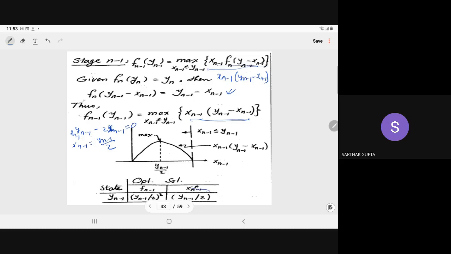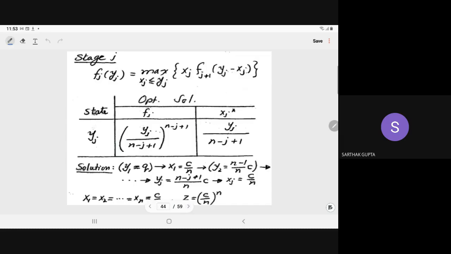And when we put this value, yn minus 1 upon 2, in the fn minus 1, you will get yn minus 1 upon 2 whole square. That is the optimal value. So by induction, for the jth stage, the optimal value of xj and the optimal value of fj come like this.